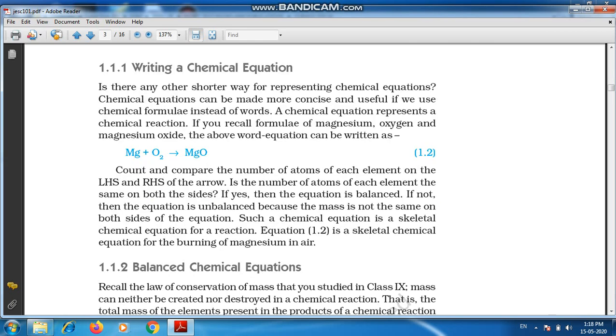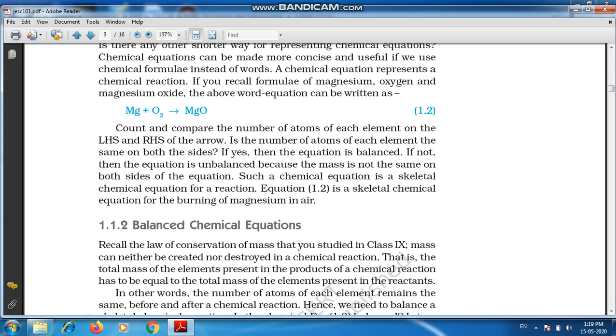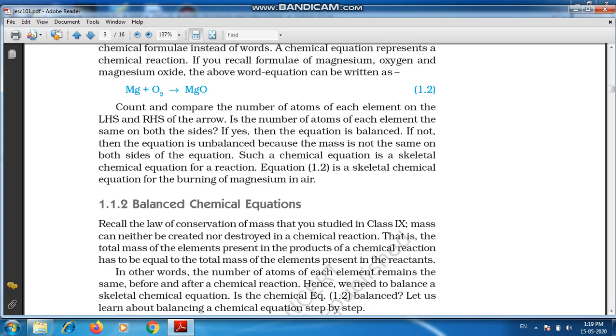So how do we write a chemical equation? Now see, magnesium is represented by Mg and oxygen is represented by O2. So Mg + O2 gives MgO. This is the way we write the chemical equation. Now this equation has to be balanced.